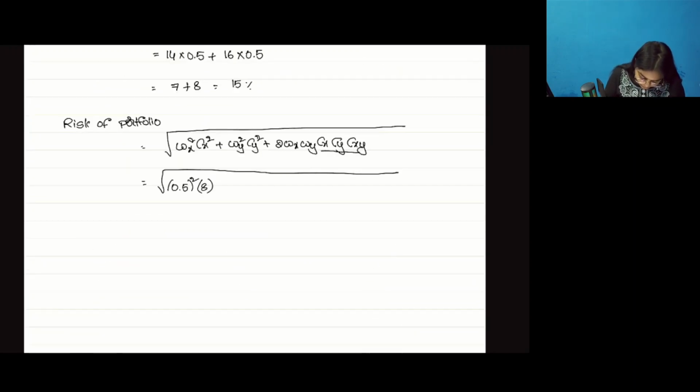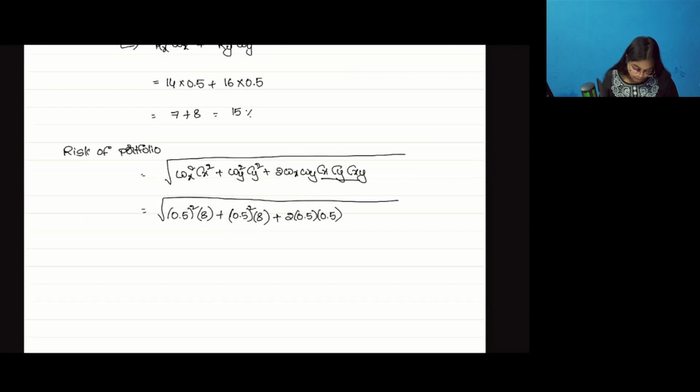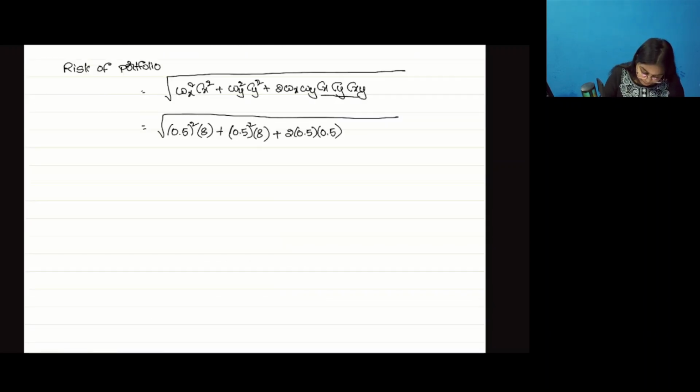Plus 0.5 whole square plus 2 into 0.5 into 0.5 into covariance of x comma y, which is 4.8.